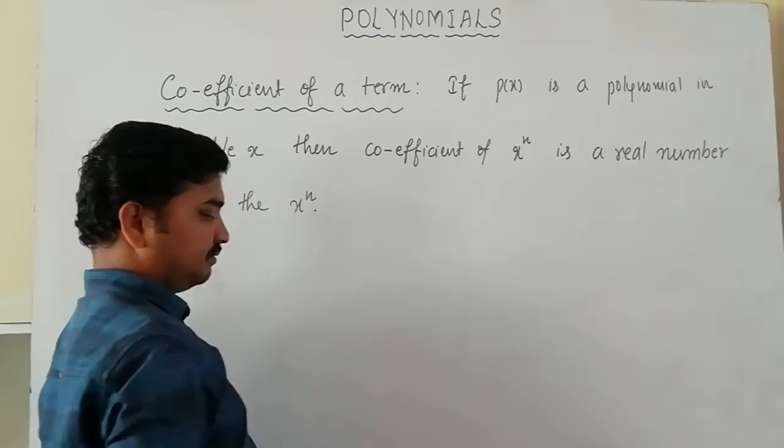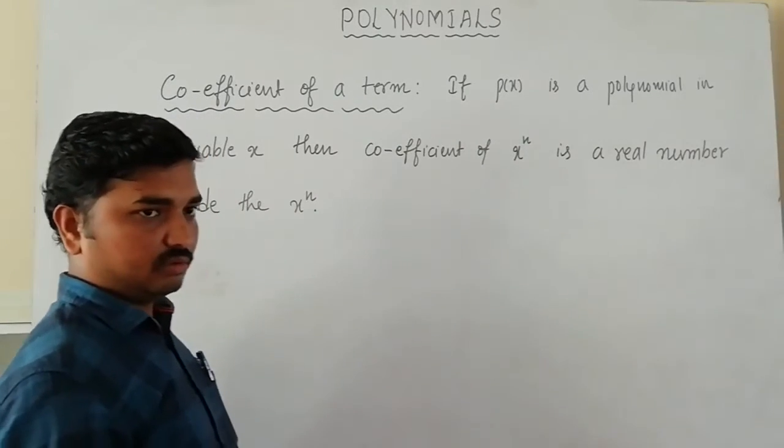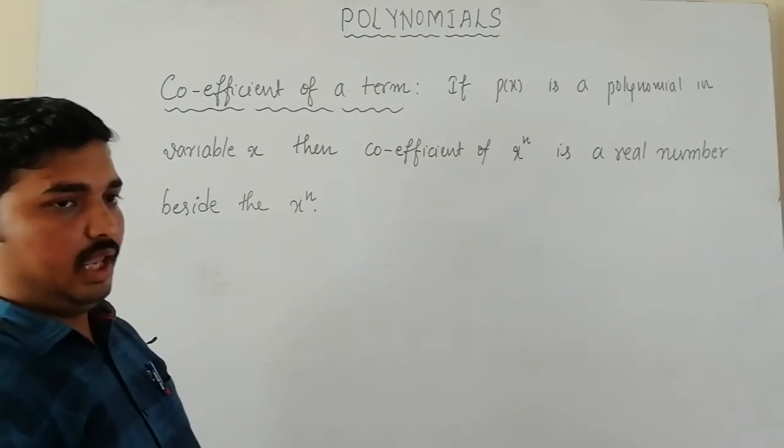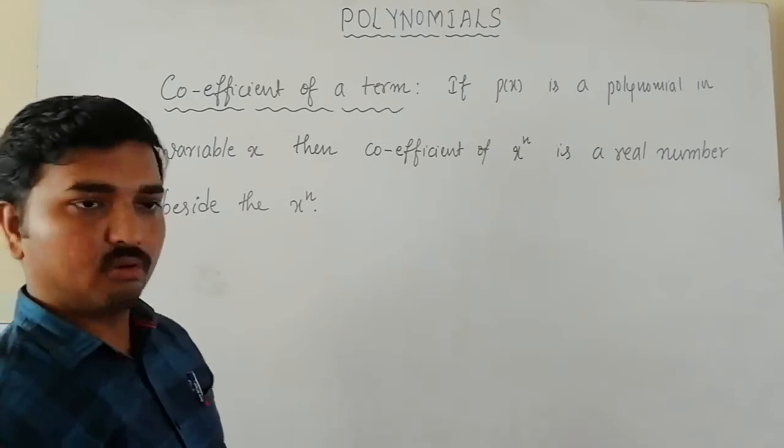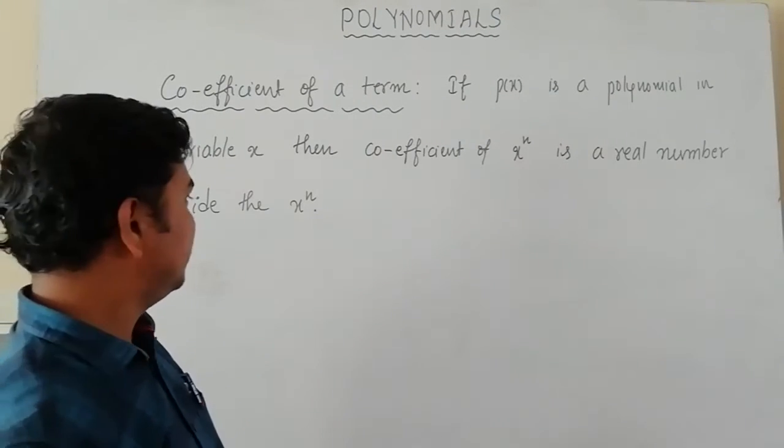Just remember this one. It will be understood by you. The definition is actually not needed. If you understand how to find the coefficient of x power n, it will be sufficient for you.